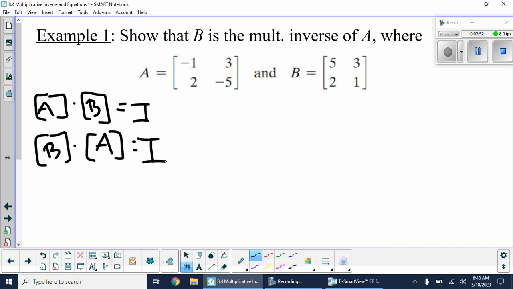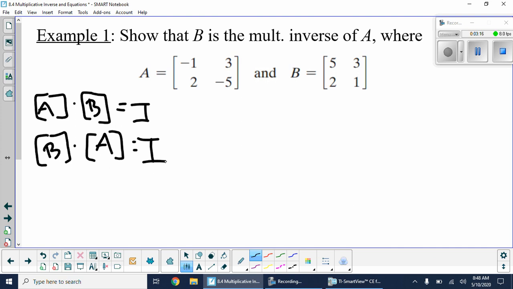We talked about multiplying matrices in our graphing calculators last week. If you make matrix A a 2 by 2 matrix on your calculator, matrix B a 2 by 2, add these numbers in, and multiply them together each way, it does matter, multiply each way. If you get the identity both times, then it's a yes.